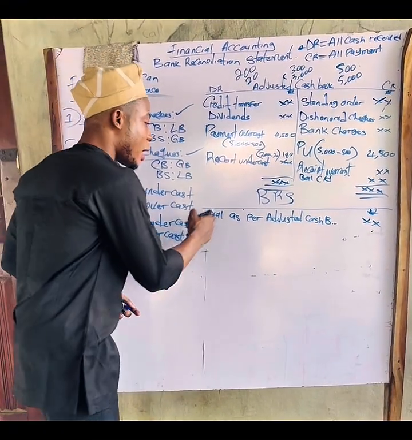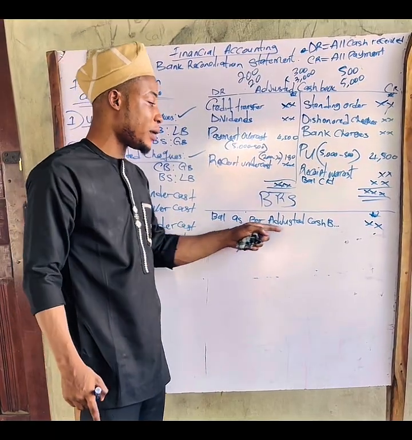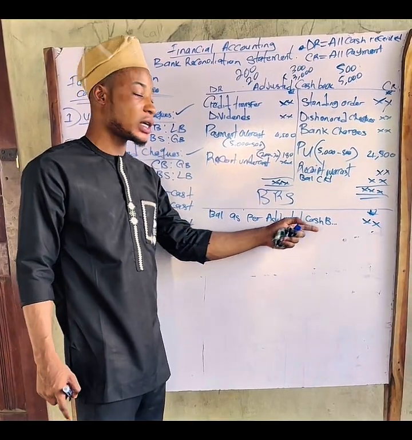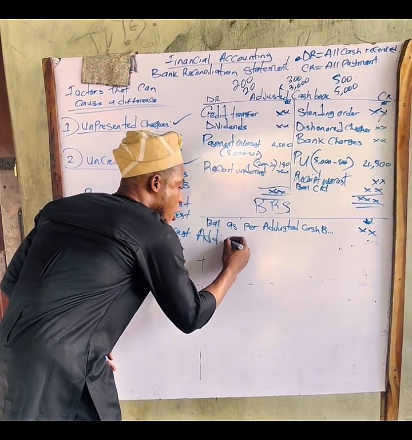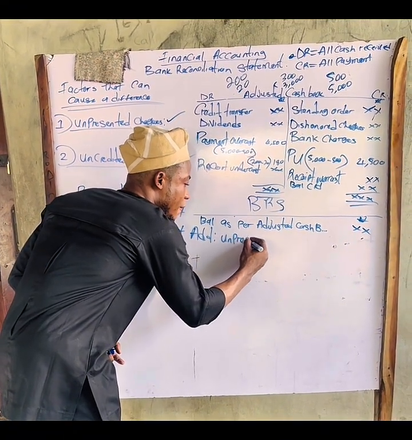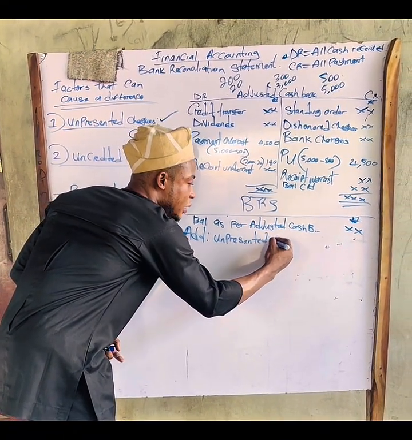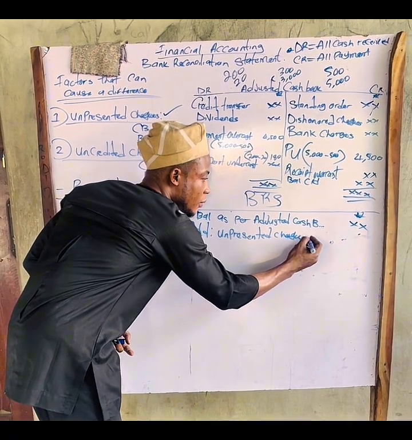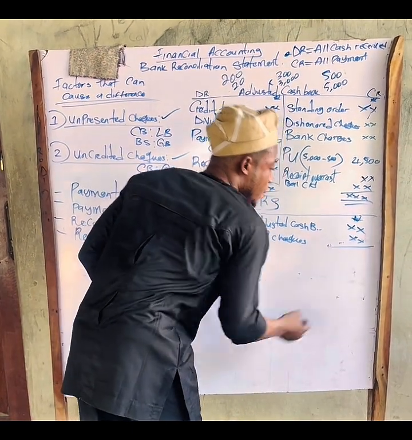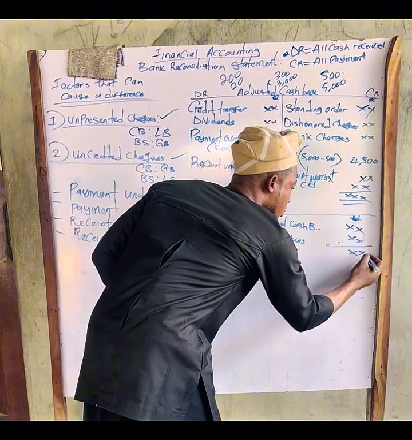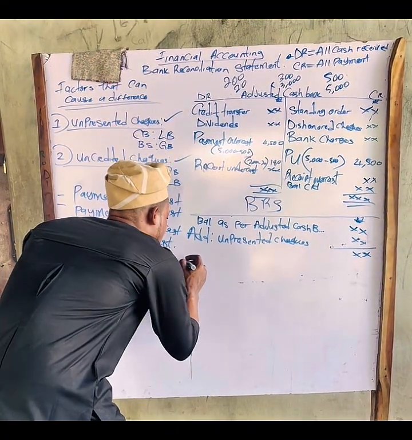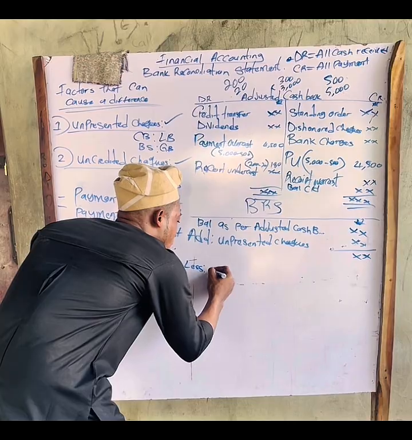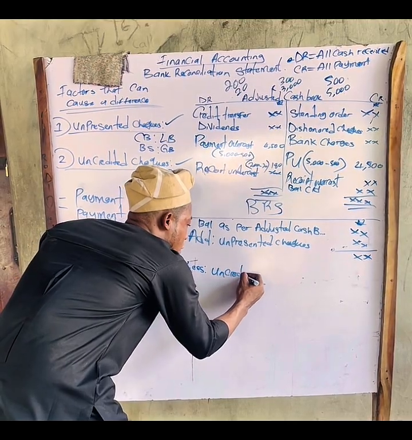And now, after you've started with balance as per adjusted cash book, you are now going to add up unpresented checks, then the sum of these two, you are going to put it here. Then you are going to less uncredited checks.